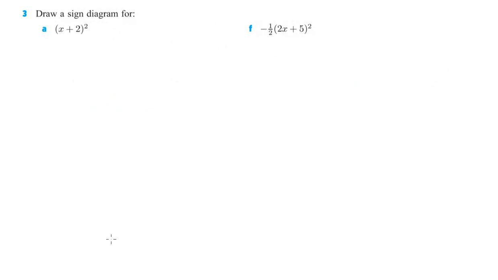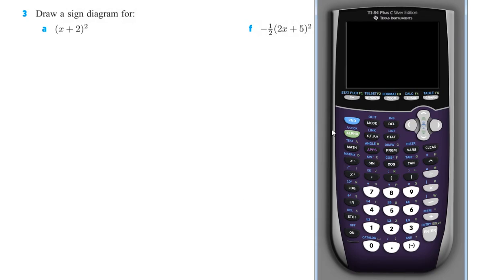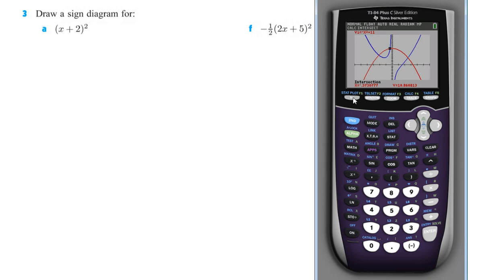Looking at the next one here, draw a sign diagram for (x + 2) squared. Now, since we have the technology, let's just use our technology, don't you think? Well, if I can get the technology to work. We got y equals. We're going to clear out anything that we already have in there. And let's see, we can just do (x + 2) squared, so we can look and see what it looks like on here and just do what we did on the first one.